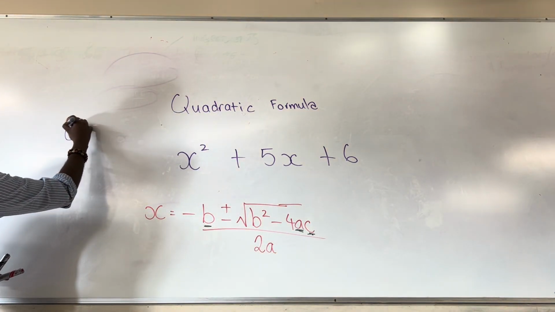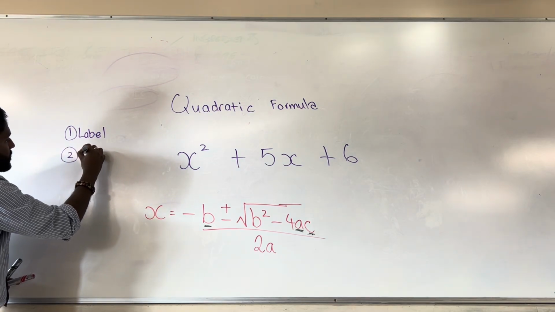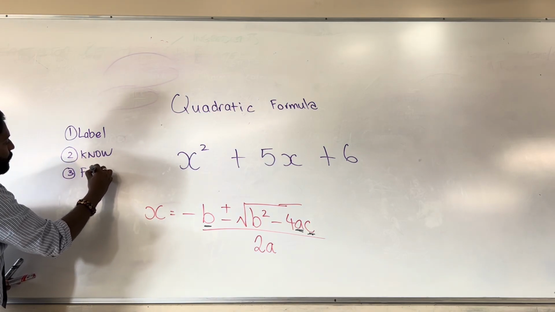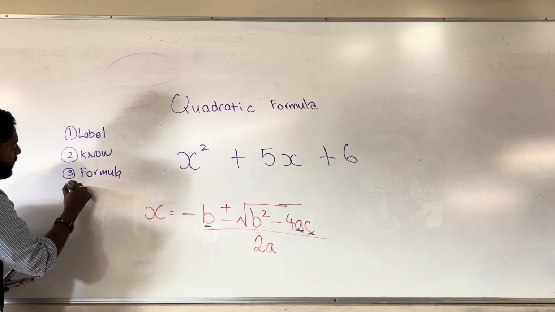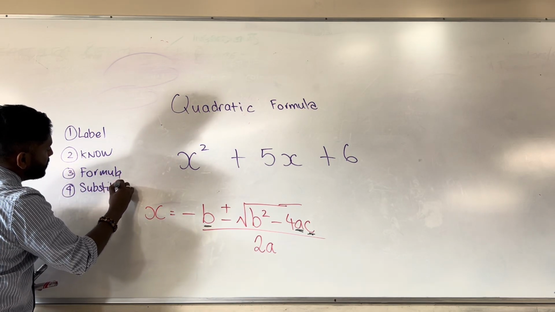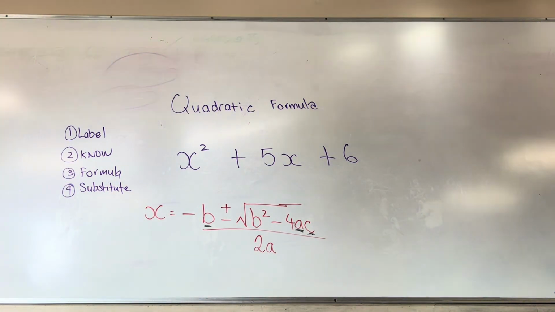The first step is label. The second step is write down what you know. The third step is formula. And the fourth step is substitute. So just a few steps and then having to solve it. Okay? And that's how you go about this entire question.